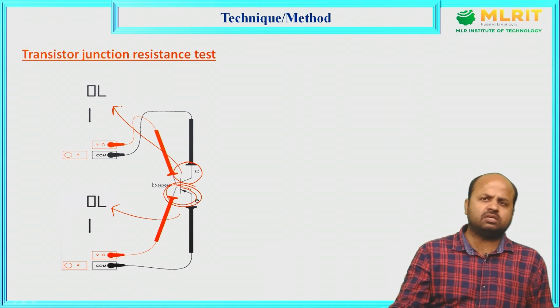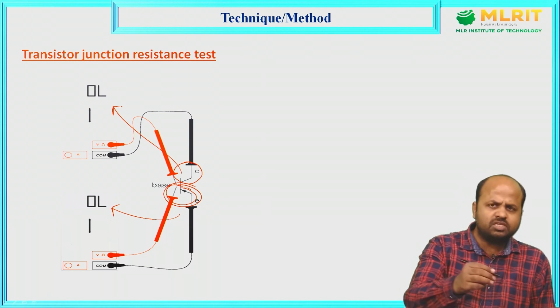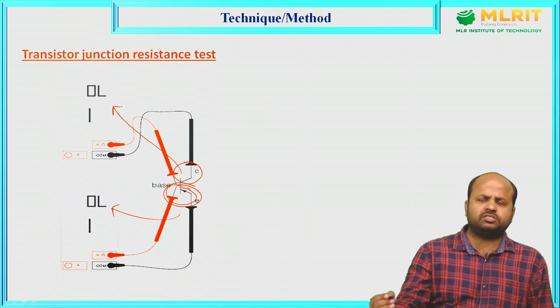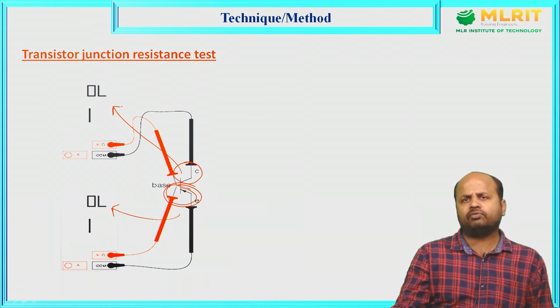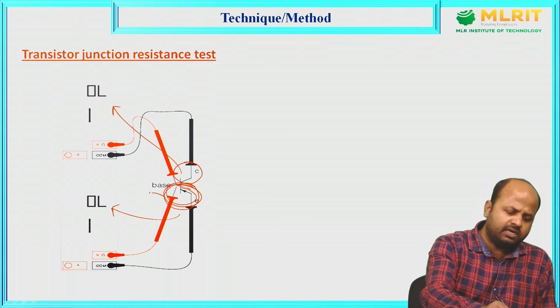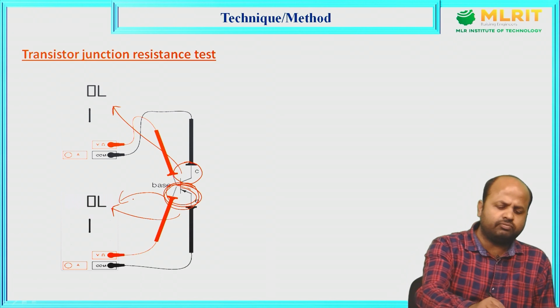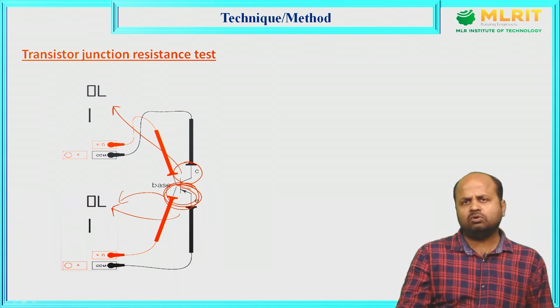So by checking the junction resistance, we can also analyze whether that transistor is okay or not. In this technique, we check the resistance property of a junction with the help of a multimeter. If the junction is reverse biased, it must show infinite resistance. If the junction is forward biased, it must show very low resistance, in the range of ohms.